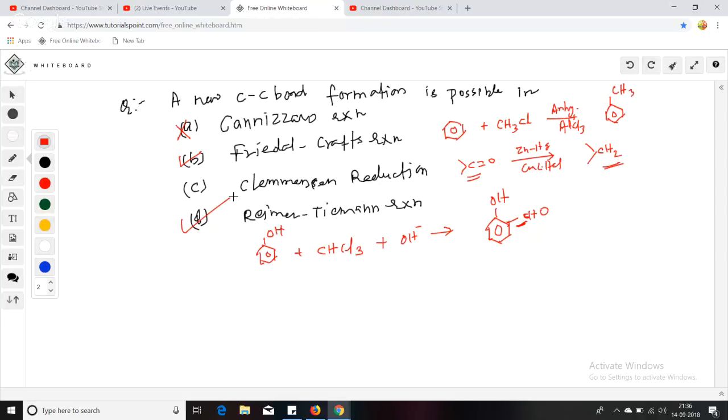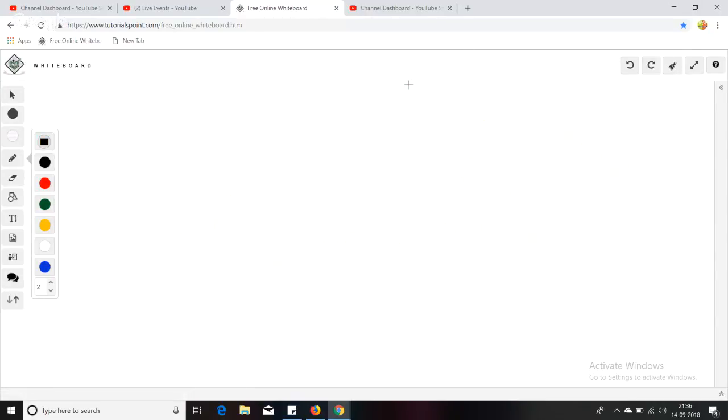One more question you see. A mixture of benzaldehyde and formaldehyde on heating with aqueous NaOH solution.